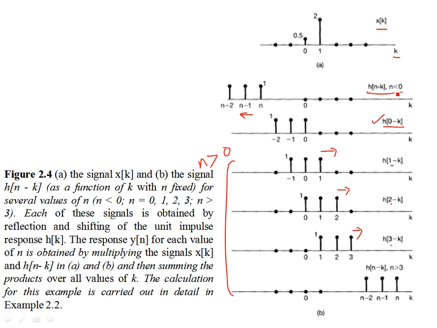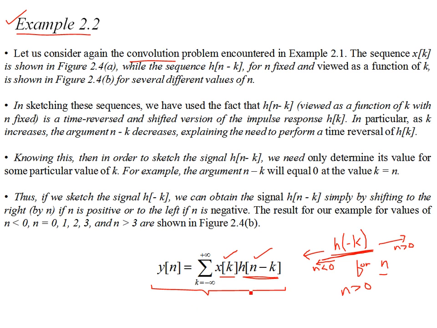Now consider what happens next. I have the samples. I have the shifted versions of the flipped impulse sequence h minus k. This is the flipped version of my impulse sequence, which is shifted at a particular n, because for evaluation of a particular sample of the output at n, I have to shift it by the same amount n.